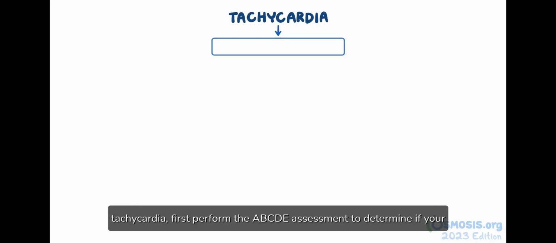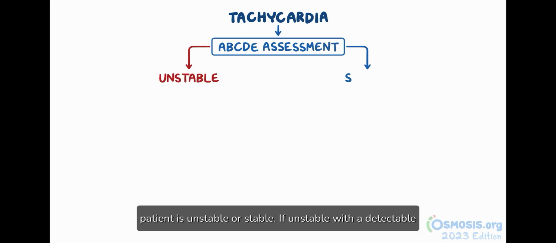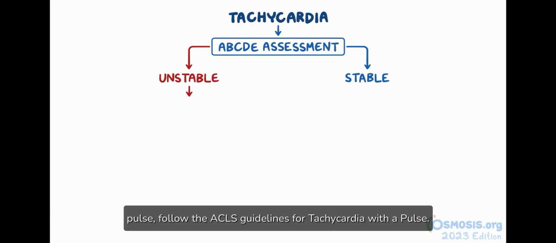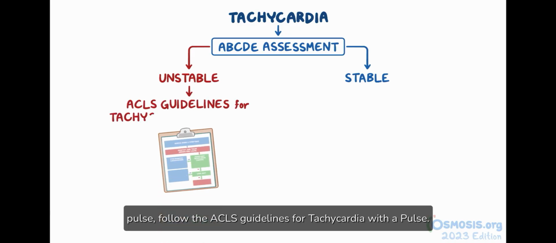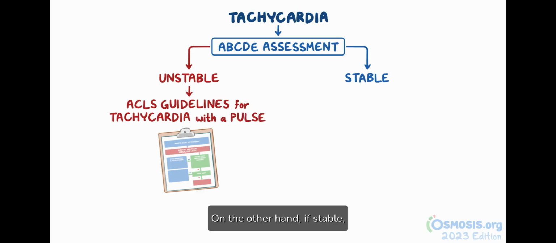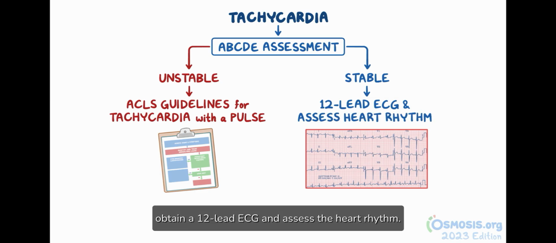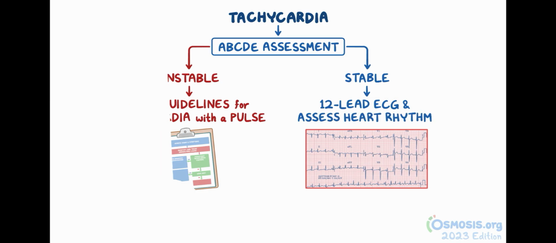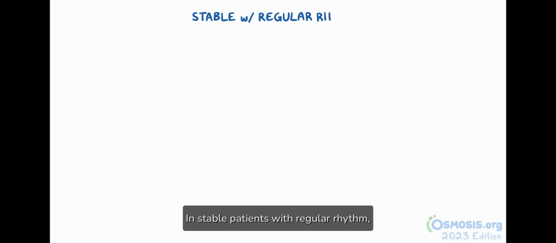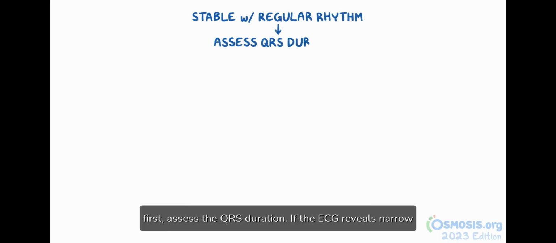Alright, as a quick recap, when approaching a patient with tachycardia, first perform the ABCDE assessment to determine if your patient is unstable or stable. If unstable with a detectable pulse, follow the ACLS guidelines for tachycardia with a pulse. On the other hand, if stable, obtain a 12-lead ECG and assess the heart rhythm. In stable patients with regular rhythm, first assess the QRS duration.